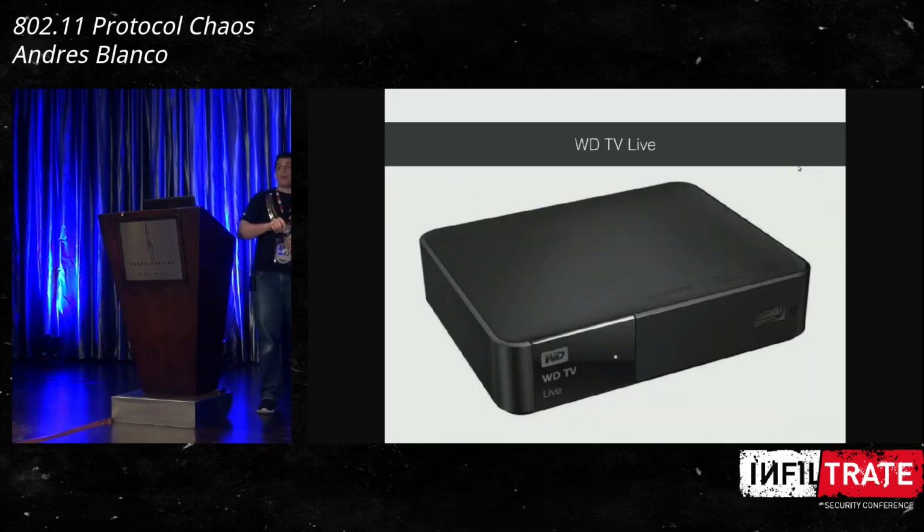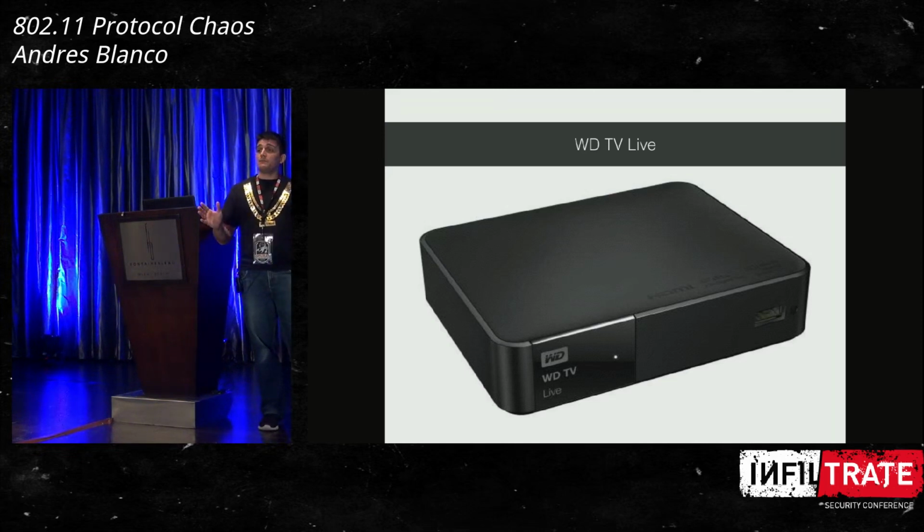So now I'm going to talk about Wi-Fi Direct implementations, the bad ones. There are a couple of them. The first one is funny because I bought this device to use at home, and I have had it for 1 year. And once I was looking around, I said, this is completely broken.